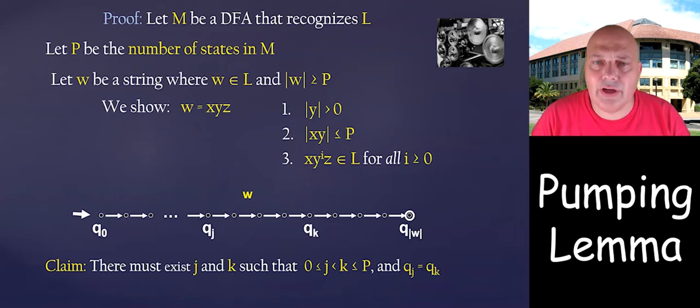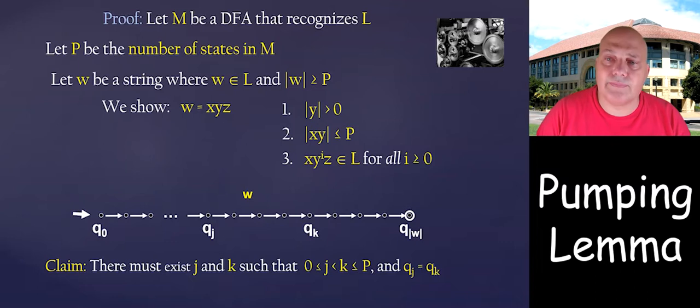It's enough to look at the first p+1 states. So you have q0 up to qp. There are two states within this range in distinct locations, but they are identical. And now it won't be hard to show the pumping lemma, given that.